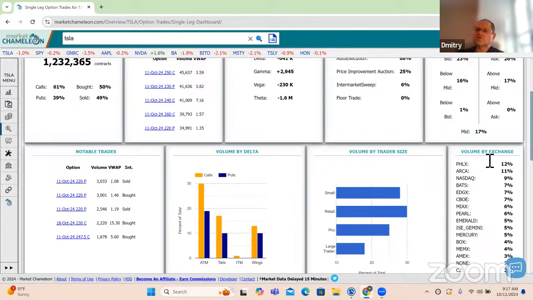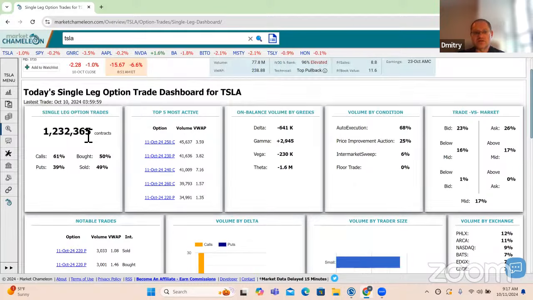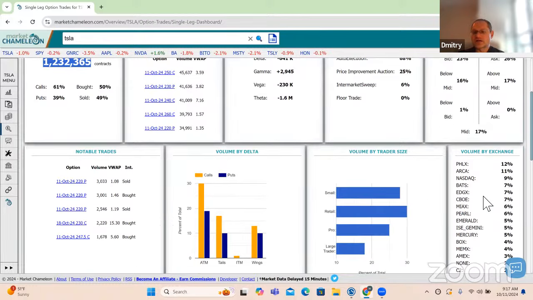Now, this shows the trade volume, the single leg trades that we're looking at here. And it gives us an idea of the percentage of the total volume traded by each exchange.